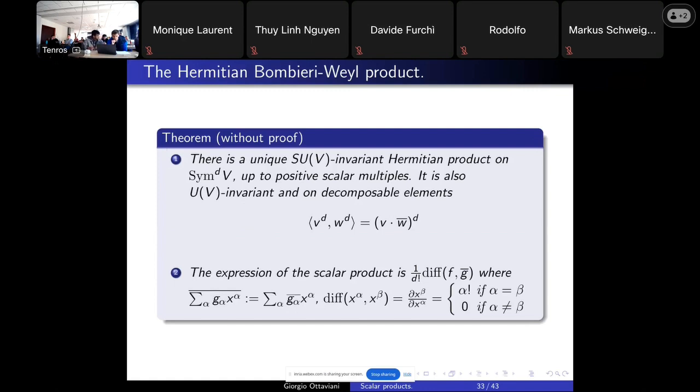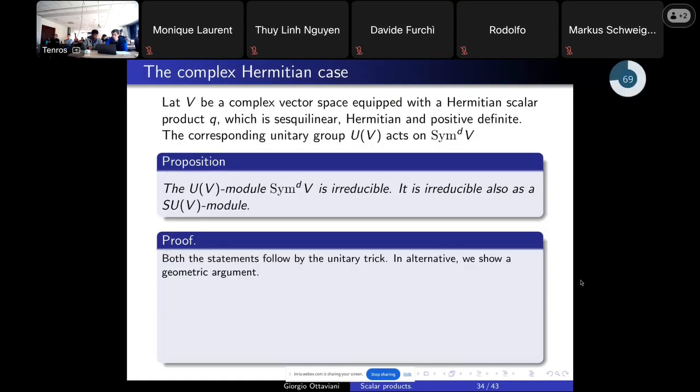You can still call it a Hermitian Bombieri-Weil product. And this, according to the unitary group, is irreducible. There is no Laplacian which is unitary invariant. The Laplacian is orthogonal invariant.